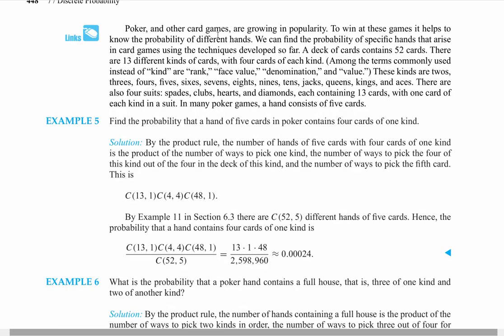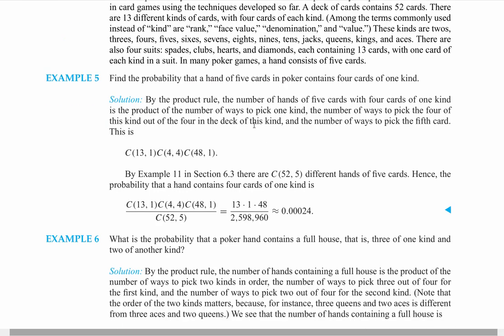Okay, example 5 in the book. Find the probability that a hand of 5 cards in poker contains 4 cards of one kind. So that's similar. The same bottom number.